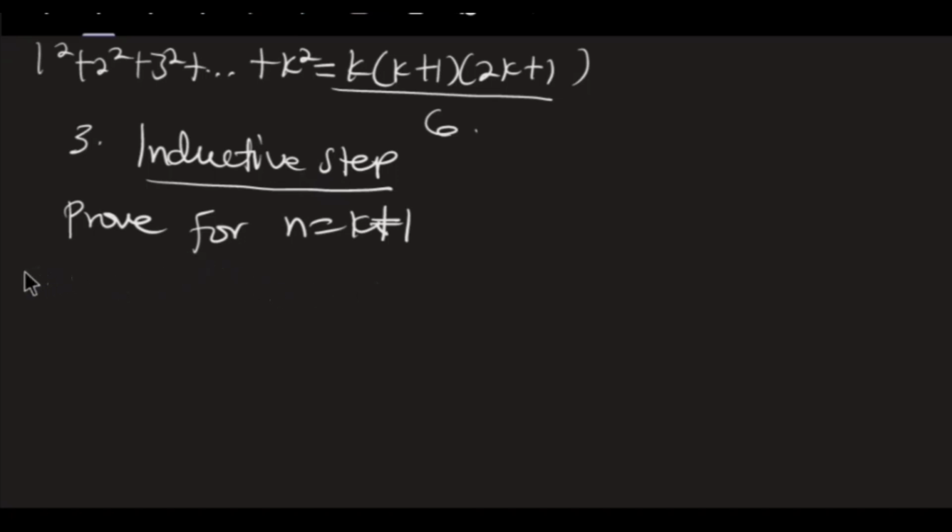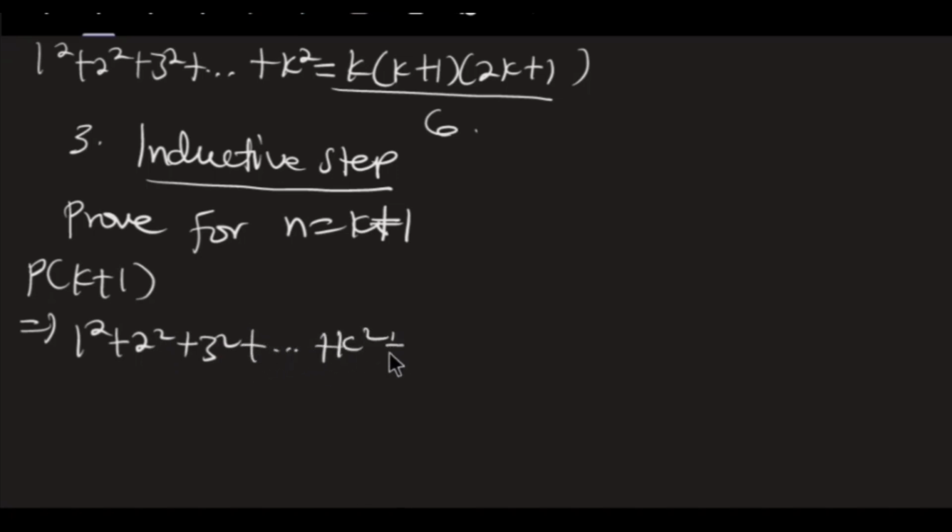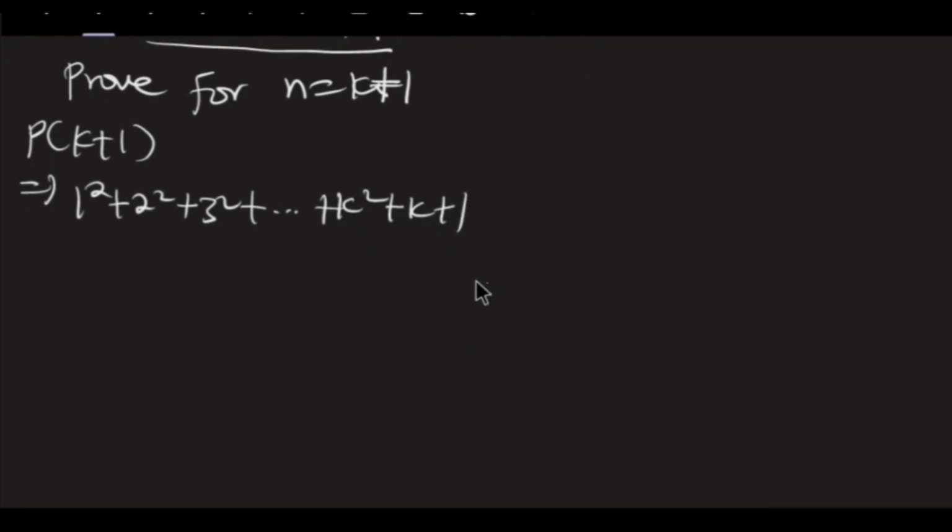So our new statement, P of k plus 1, becomes 1 squared plus 2 squared plus 3 squared plus up to k squared itself, then plus (k plus 1) squared. You can see that the k squared is here, then plus its other term, which is k plus 1.